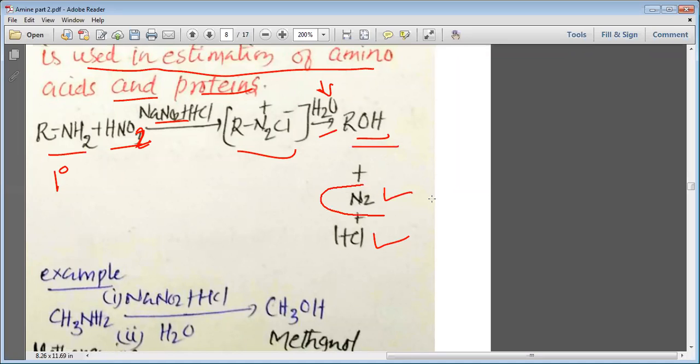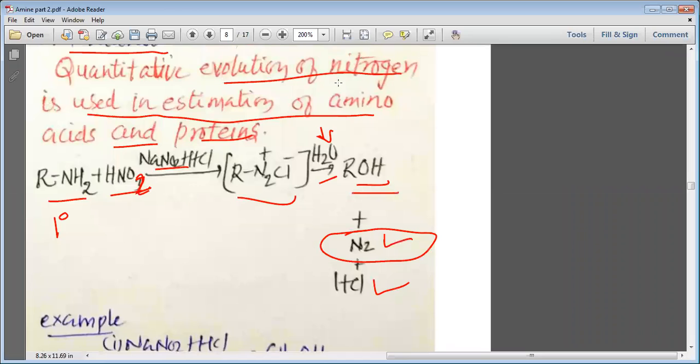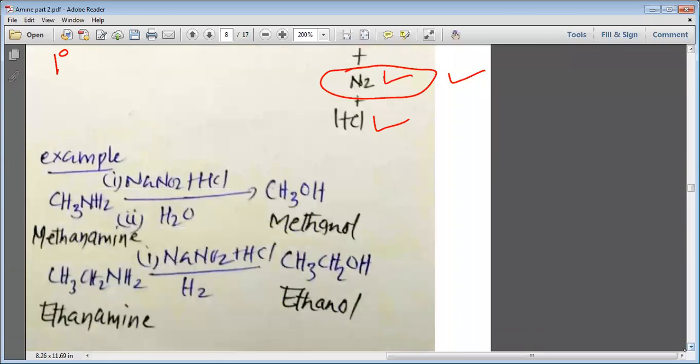This nitrogen gas, which is produced in this reaction, is used to estimate the amino acid present in the protein. So amino acids present in the protein have primary amine, and that is why this particular method is used for the estimation of amino acids in the proteins. So on the basis of this nitrogen produced, we can estimate the amino acids present in the proteins.